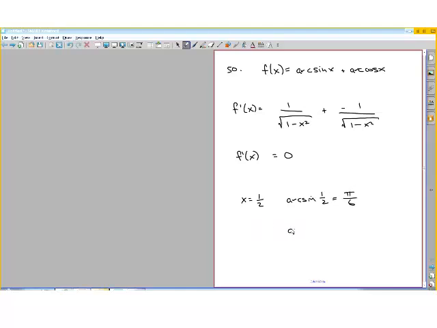And if you say, what is the arc cosine of 1/2? The angle whose cosine is 1/2 is pi over 3. So if you take pi over 6 plus pi over 3, you get pi over 6 plus 2 pi over 6, which is equal to 3 pi over 6, which is equal to pi over 2. And it turns out it doesn't matter what number you pick.